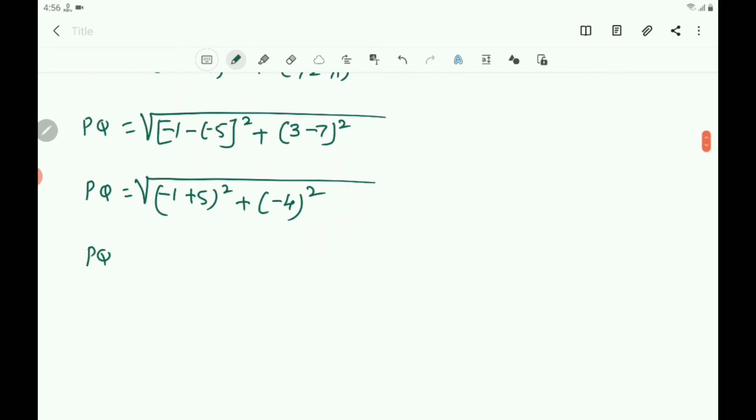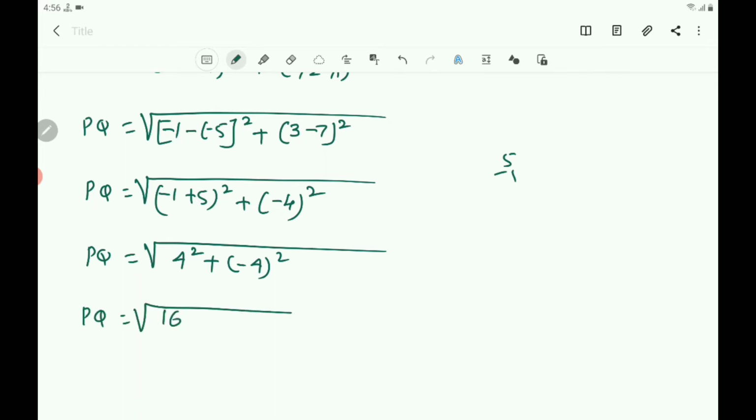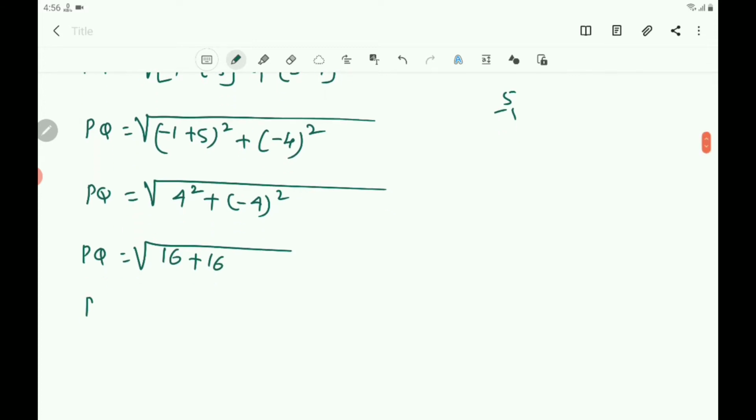Then PQ equals, minus 1 plus 5 is 4, so 4 square plus (minus 4) whole square. 4 square is 16, minus 4 whole square is also 16. Then PQ equals root of 16 plus 16, so you got root 32.